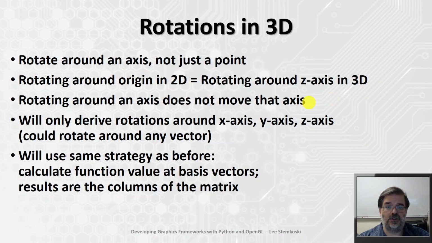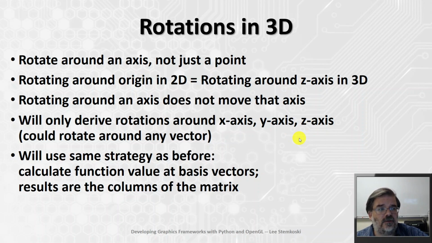One useful fact, which is worth mentioning because it's going to save us some work later: if you rotate around an axis, you're not moving that axis. Just like when we rotate around a point in 2-dimensional space, the origin, that doesn't get moved at all. Similarly, rotating around an axis does not change the axis. Now, in theory, you could rotate around any vector that you wish, but we're only going to derive formulas for rotating around the x-axis, the y-axis, and the z-axis. Some combination of these 3 could give us any rotation that we want.